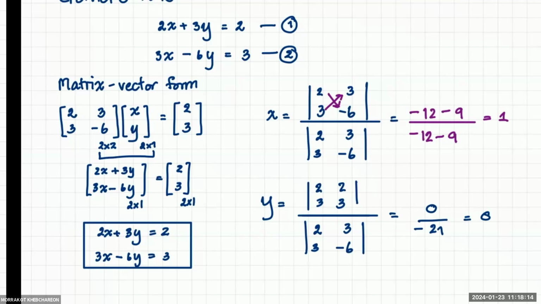Zero. Okay. So you get y equal to 0 and x is 1. The same thing. You get the same thing.